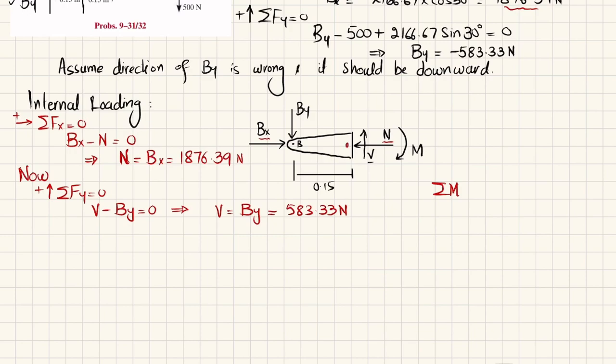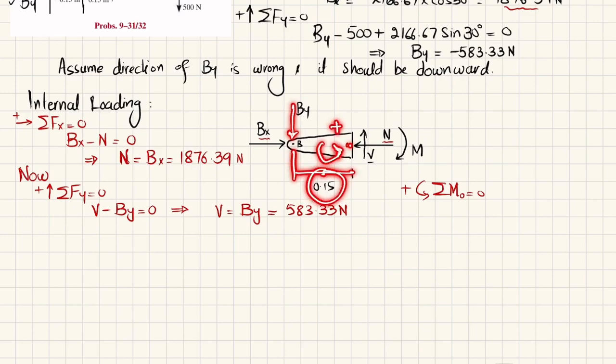And we will find this M by using the equation of equilibrium that the sum of all moments about this point O, or section AA, is equal to 0, taking counterclockwise moment as positive. You can see these two forces are not producing moment because they pass through point O, so the only moment produced is by By about point O, with a perpendicular distance of 0.15.